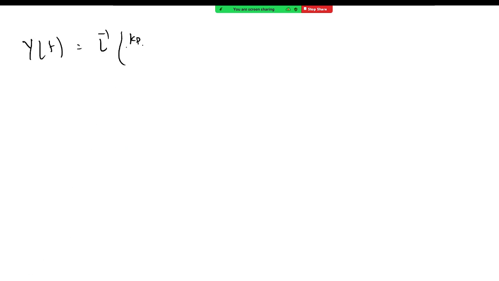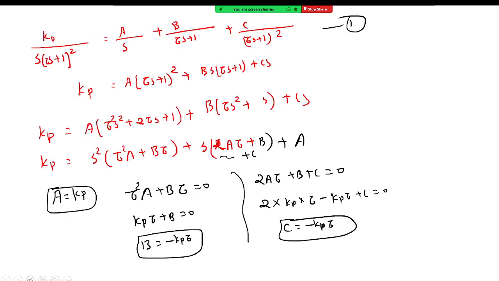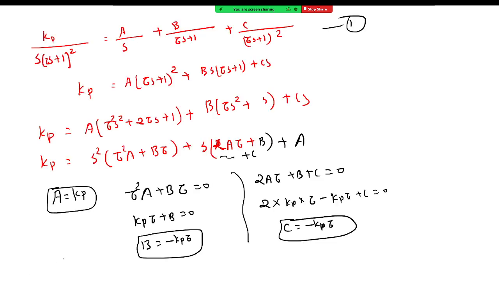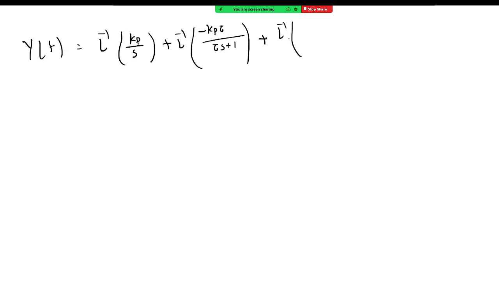I'll write here Kp upon s plus the Laplace inverse of the value of B, which was minus Kp tau upon (tau s plus 1), plus the Laplace inverse of the value of C, which is also coming minus, so minus Kp tau upon (tau s plus 1) whole square. Is it clear?